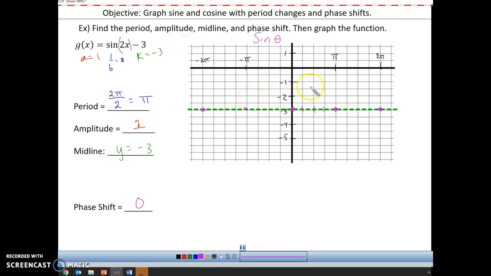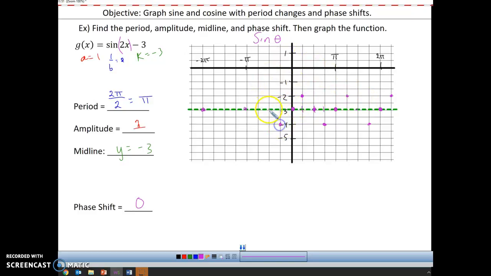Okay, the amplitude is 1, so I'm going to go up 1, and there will be a point. Then I'm going to go back down: minimum, intercept, maximum, intercept, minimum, intercept. If I go over here, maximum, and I can continue this direction.